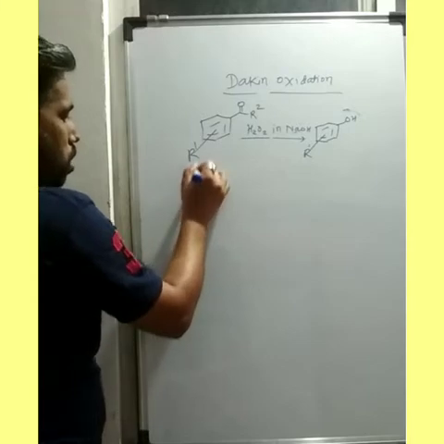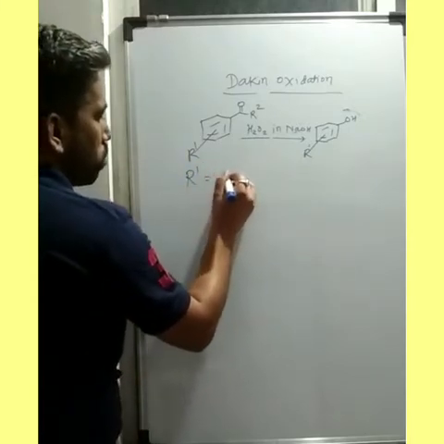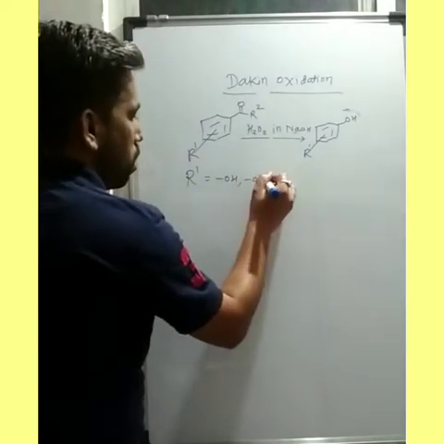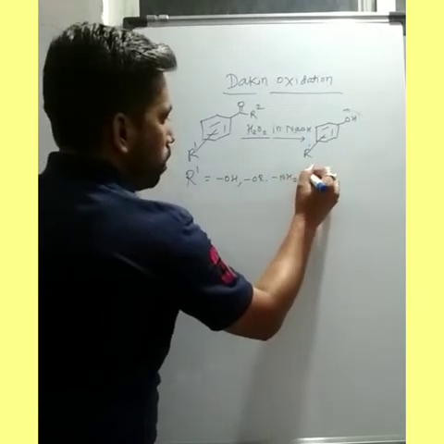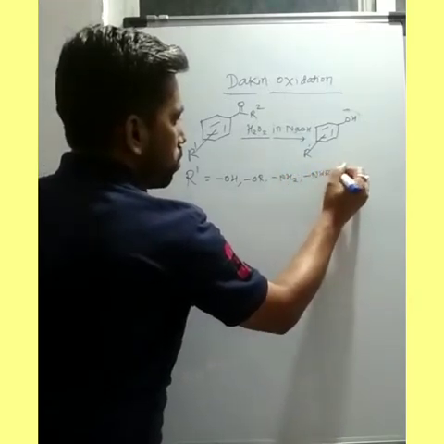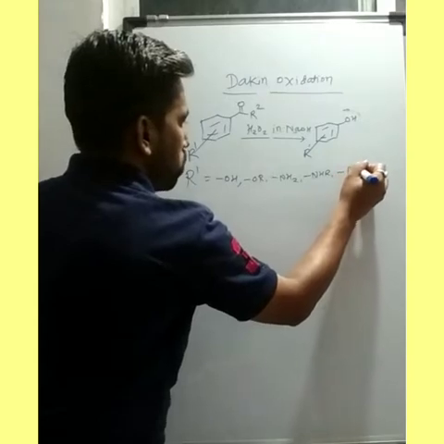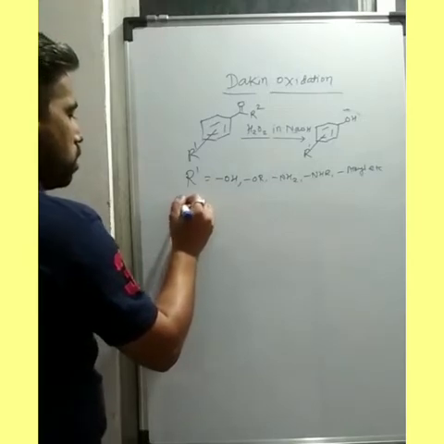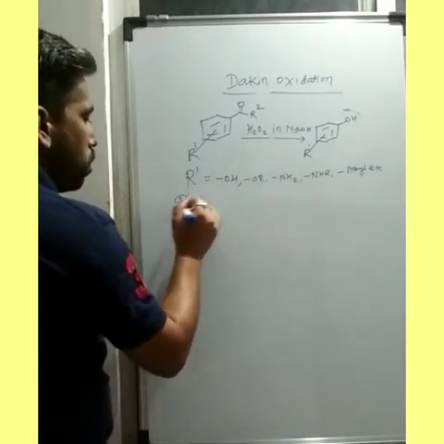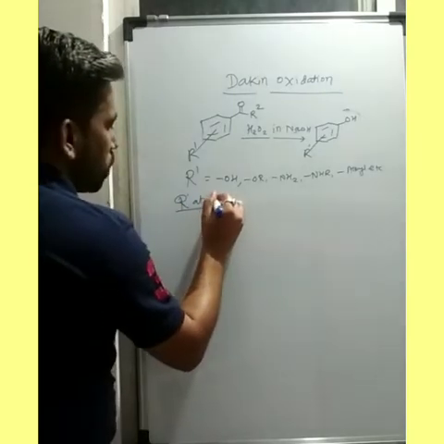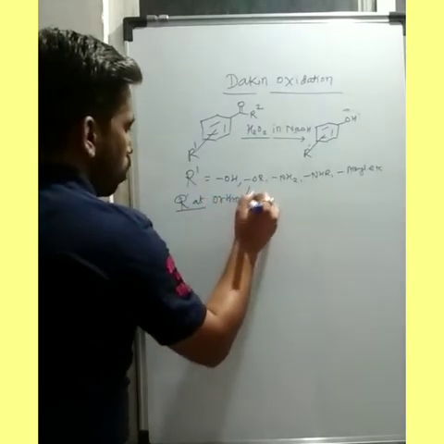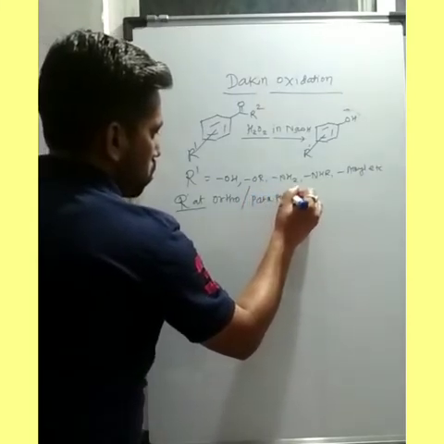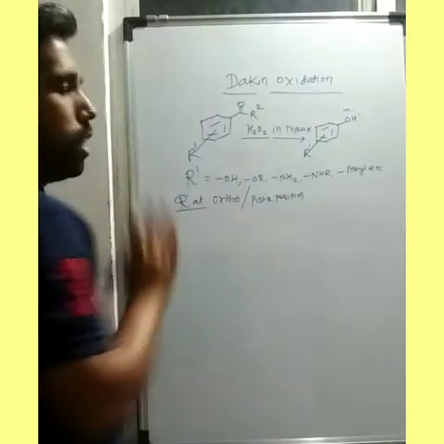Now R1 is an electron releasing group, that is OH (hydroxy), alkoxy, amine, NHR, then alkyl group, etc. That is an electron releasing group present at the ortho or para position of the aromatic aldehyde or ketone.